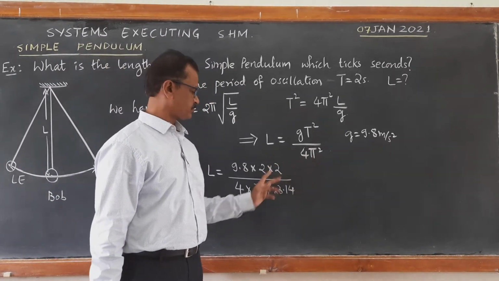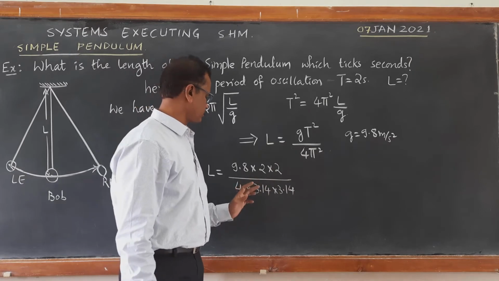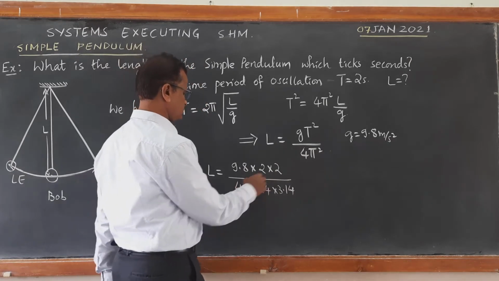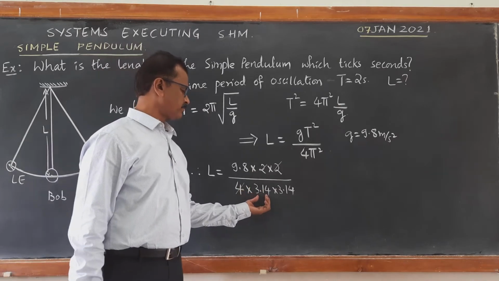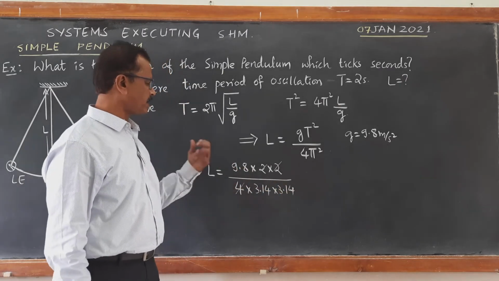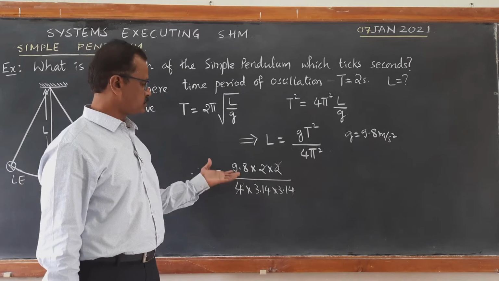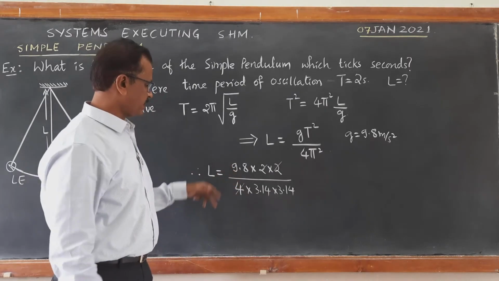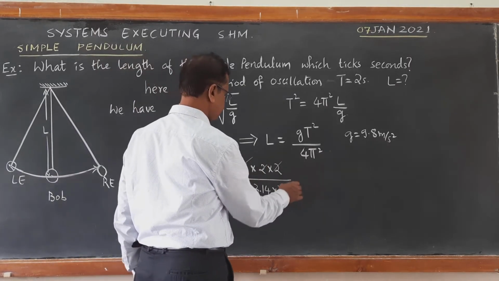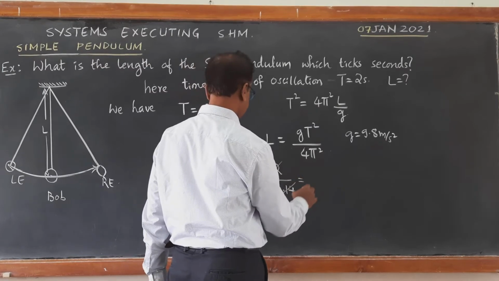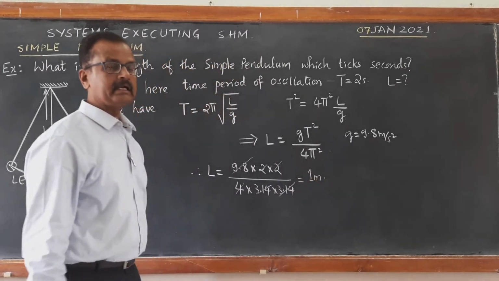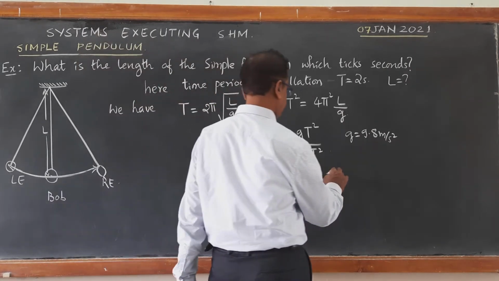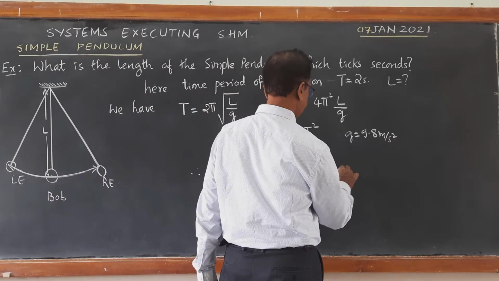So 4 cancels. If you take 3.14 whole square as approximately equal to 9.8 and cancel, we get 1 meter, that is 100 centimeter. The length of the pendulum is 100 centimeter.